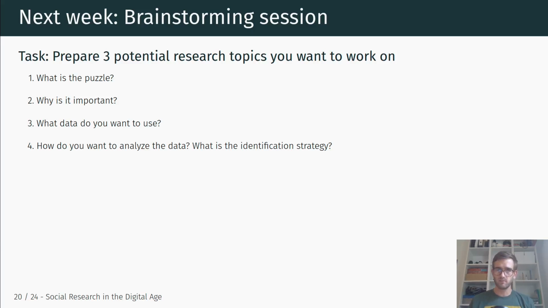So we're going to focus on that a little bit more in the Q&A session, but ultimately what I want you to think about is, most likely you will try to answer some kind of causal question. And so the next important issue to think about is, how can you ultimately identify this causal effect? So how are you going to analyze it?